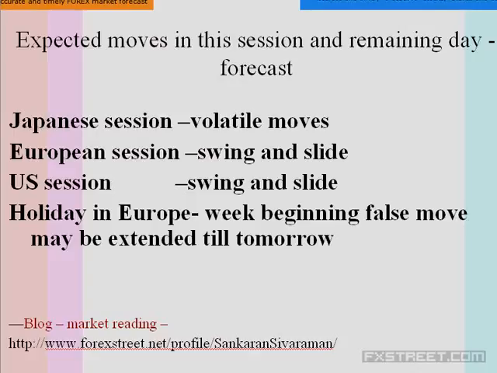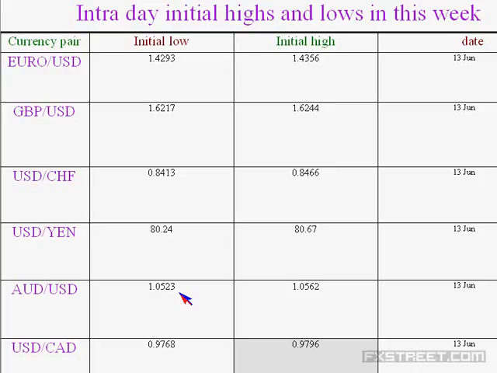Then with regard to the initial lows and highs: Euro set a low of 1.4293 and a high of 1.4356. They are not breached. GBP 1.6217, and the high is 1.6244. They are not breached. CHF 0.8413 and 0.8467, just 1 pip in the case of CHF.